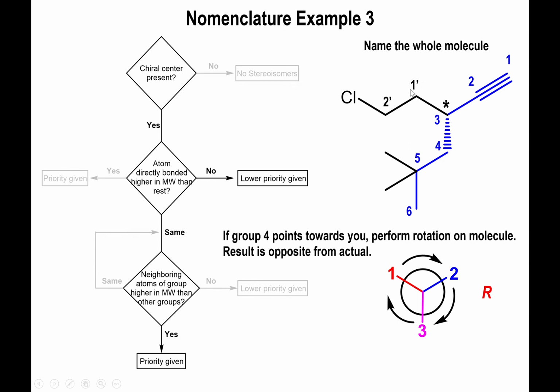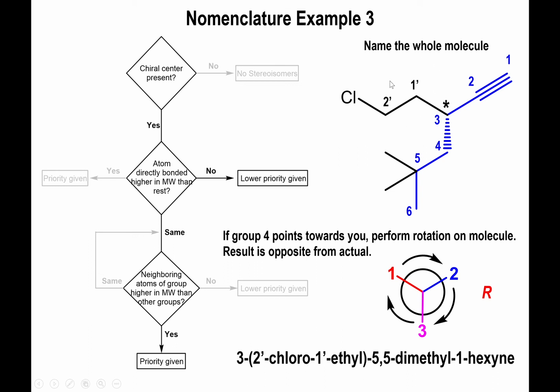This is carbon 1 prime. We're using the primes now to distinguish it from the numbering of the main chain of the molecule. And the further away we go from the connection to the parent chain, the more we increase the number. So this is 1 prime, that's 2 prime. The chloro group is bound to position 2 prime. So as far as naming this molecule, you will have to do it using parentheses.